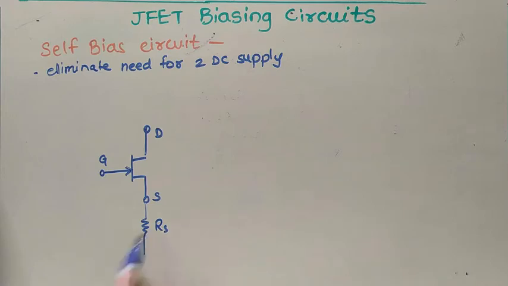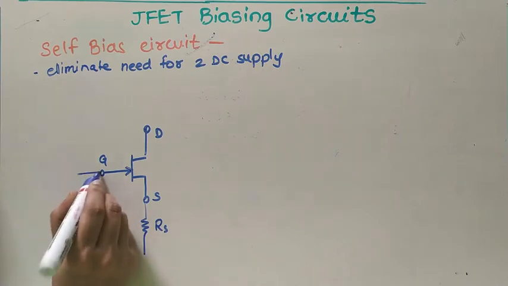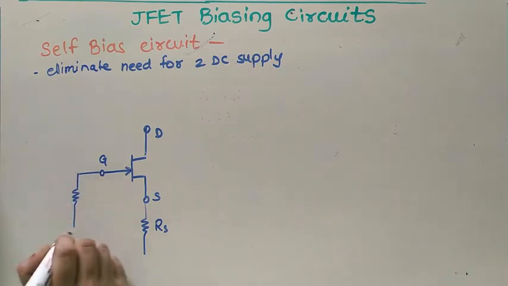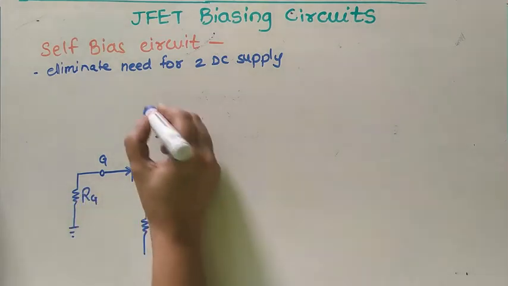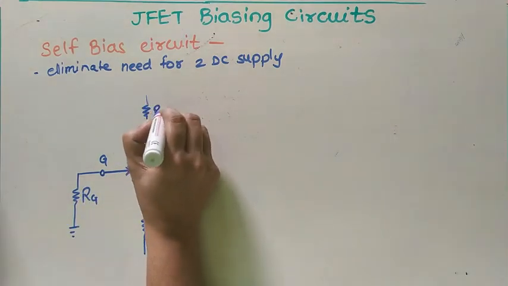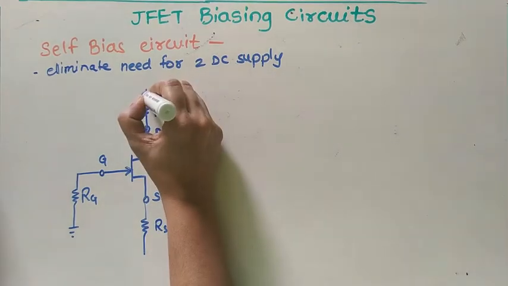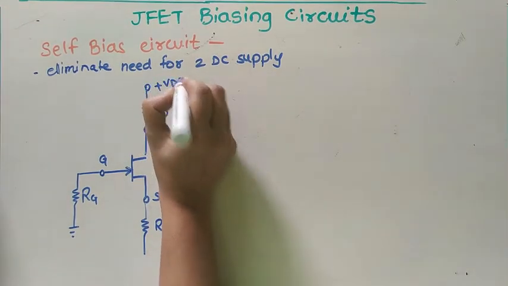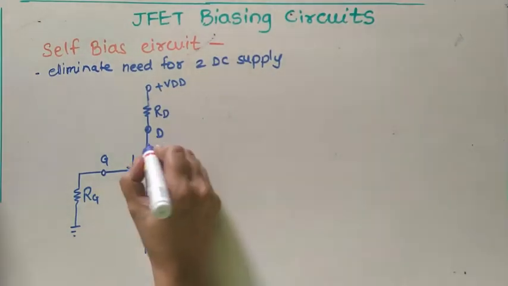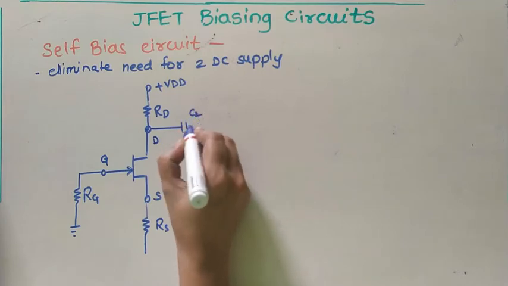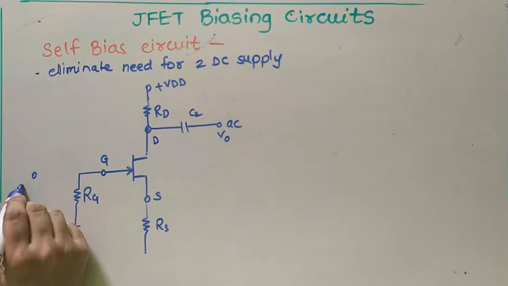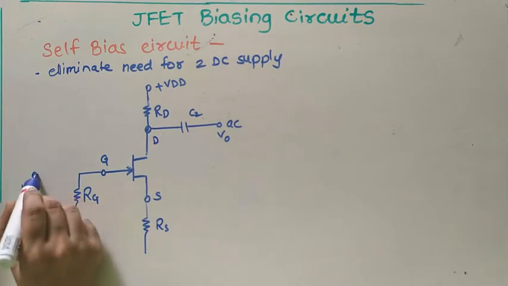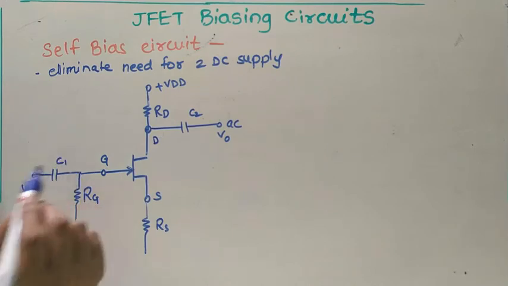At gate terminal one resistor is connected between gate and ground, that is called as RG, and at drain one resistor is connected, that is called as RD, and here the supply VDD is provided, and capacitor C2 to observe the AC output V0, and AC input Vi is provided through capacitor C1.